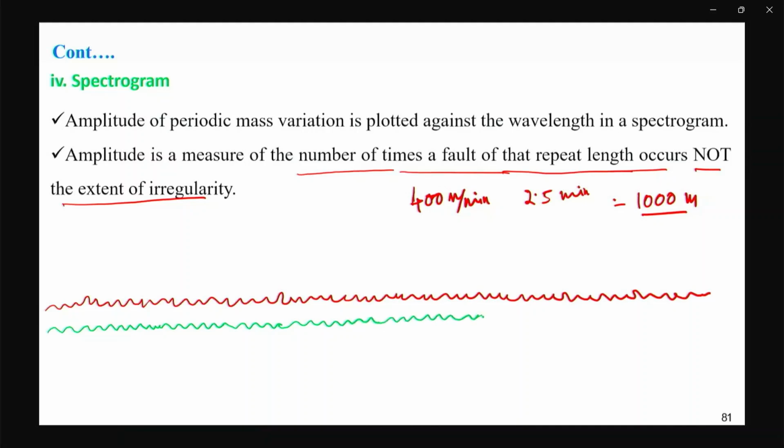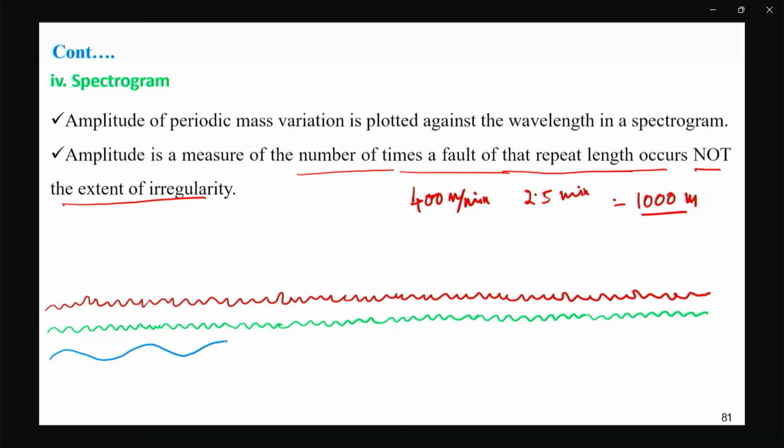That means thick and thin places are repeating at constant interval, but here the wavelength is low. This type of fault is normally generated at the end of the process, like at the front roller.